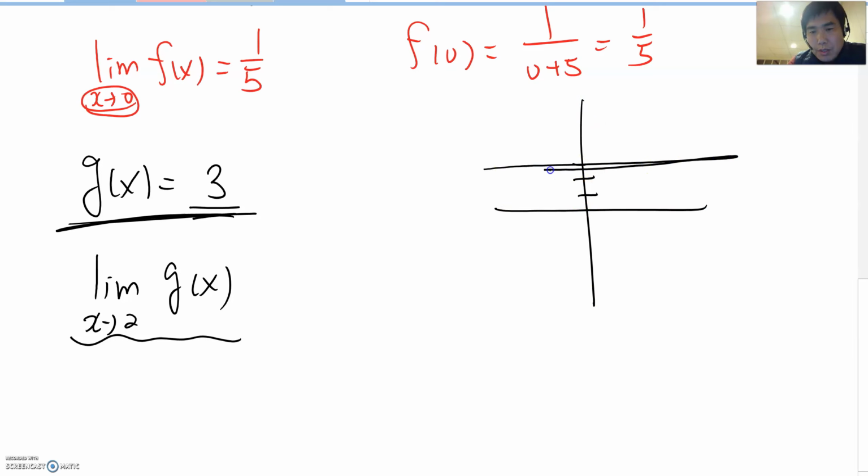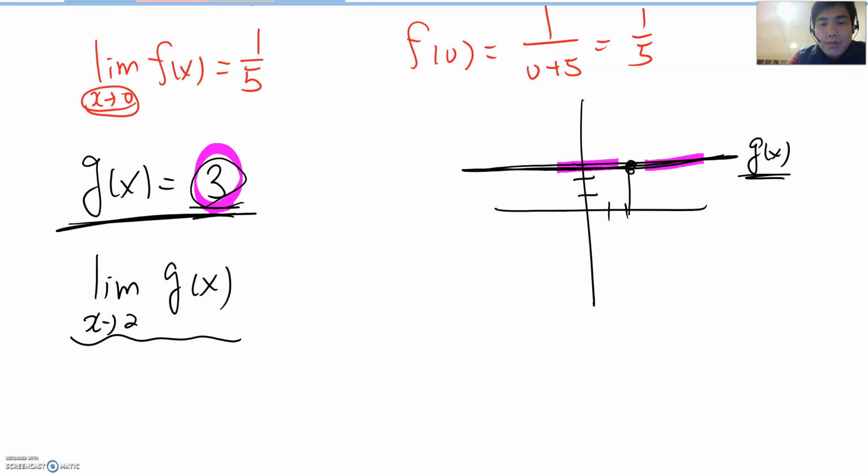That should be our graph for g(x). So in the g(x) case, no matter what the x value is, our outcome is always 3. Therefore, at x equals 2, from the left side or right side, they are approaching exactly the same value, which is 3. So this limit becomes 3. Am I making sense to you?